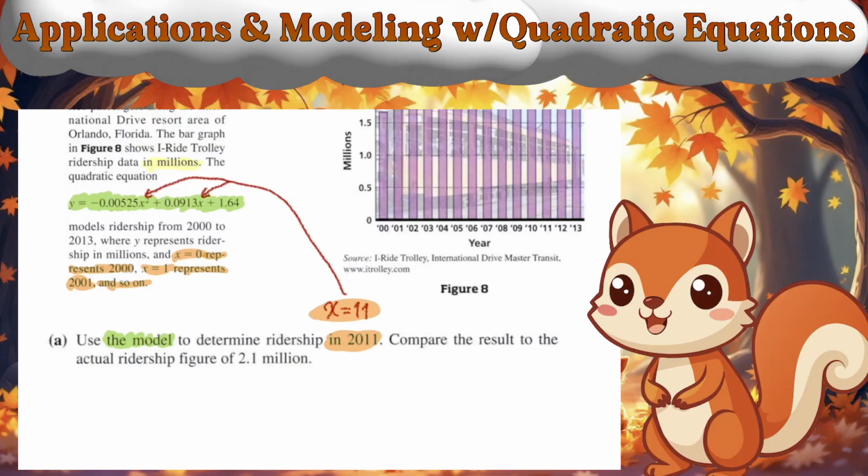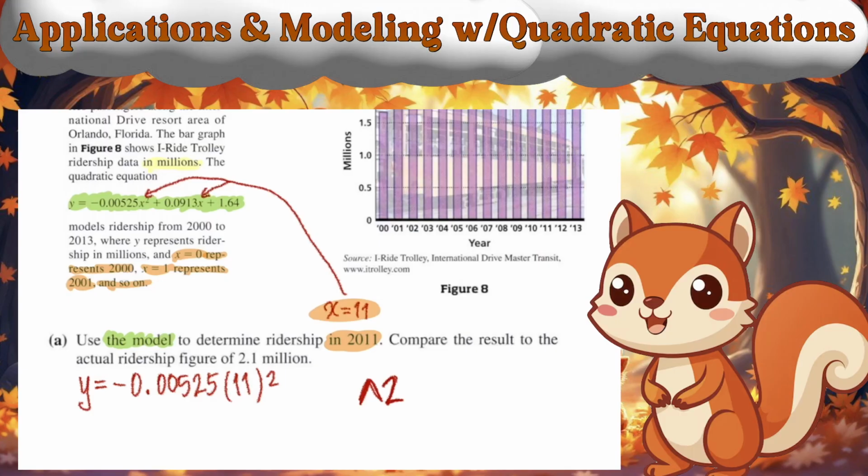Okay, so when we're punching this in the calculator and you're filling in 11, we have y equals negative 0.00525. If you have something like a TI-84 or a TI-89, I'm pretty sure you could just type negative 0.00525, parenthesis 11 close parenthesis, squared or caret button, raised to the second power.